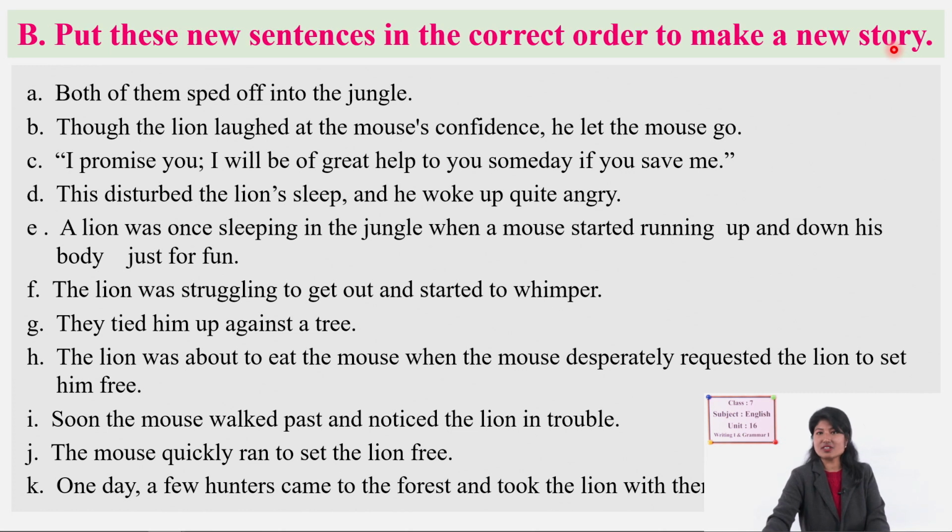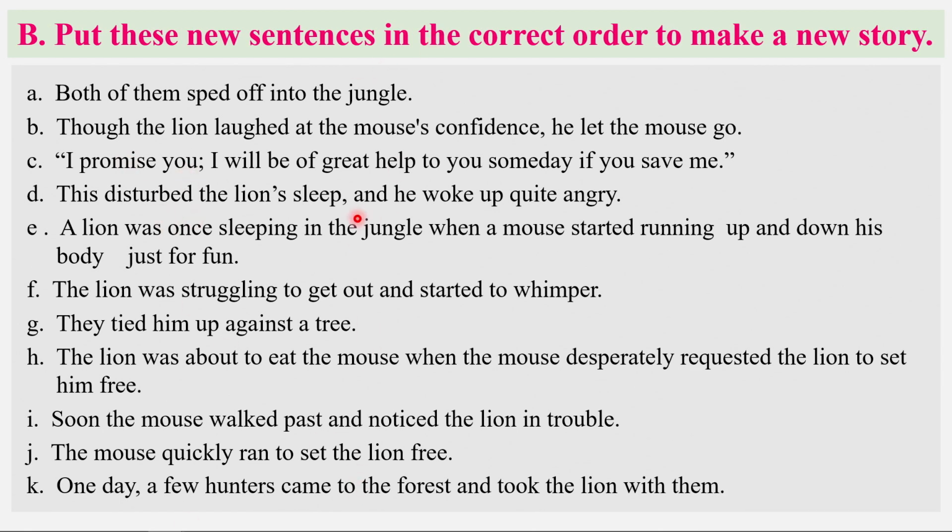You need to rearrange these sentences A to K. That means we have 11 sentences, and we are rearranging them. To find what occurs first, read one by one first, and then rearrange. We will do it directly.